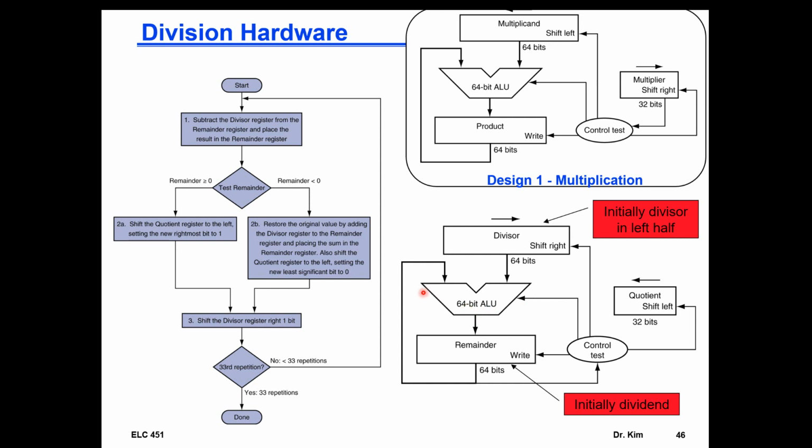This is the non-optimized version 1. Initially, the number that we're dividing by is in this register over here. And initially we put the number we're dividing in the remainder register at the output of the ALU.